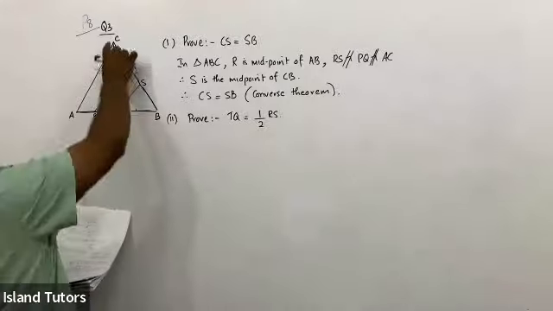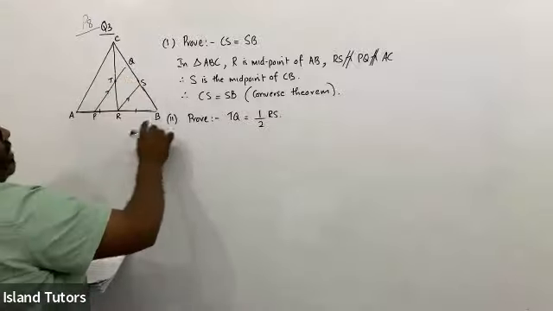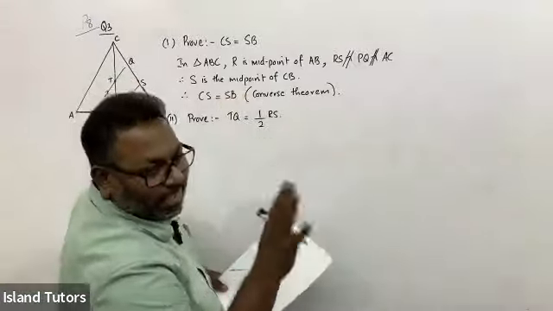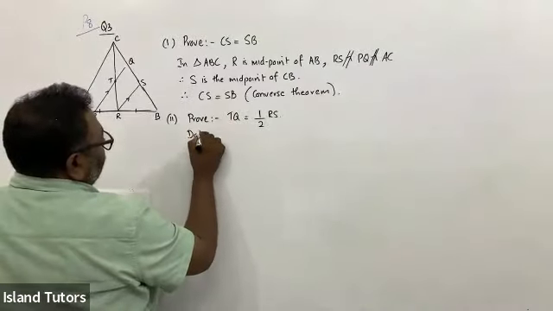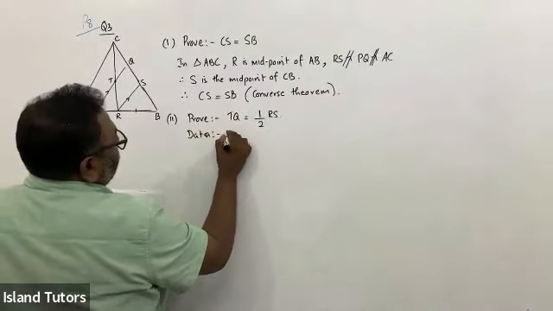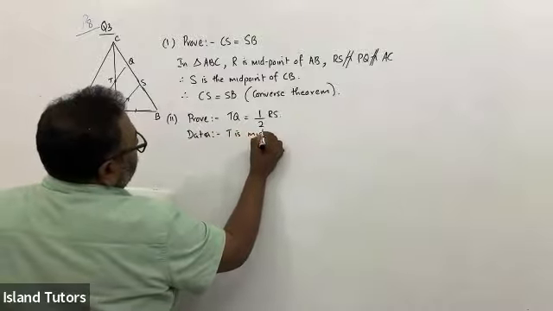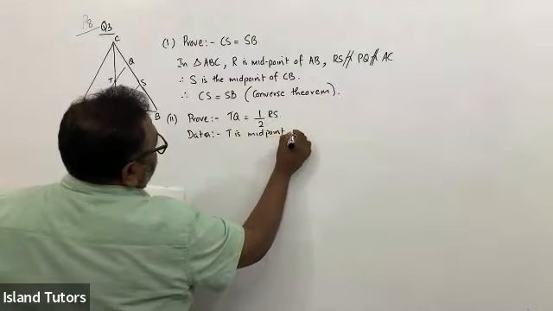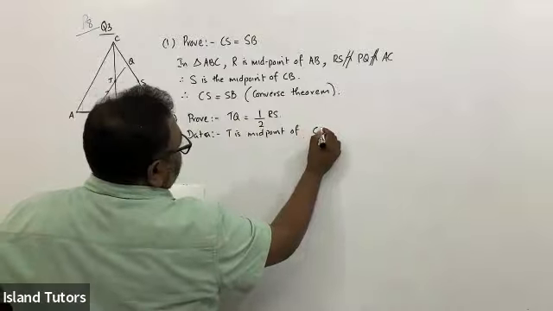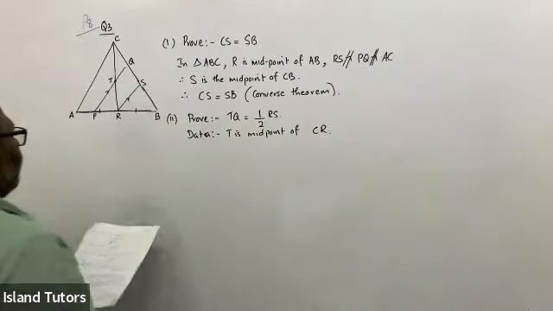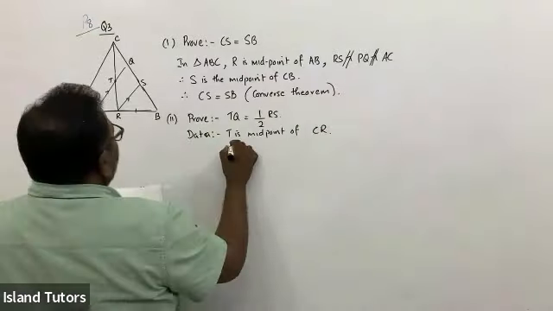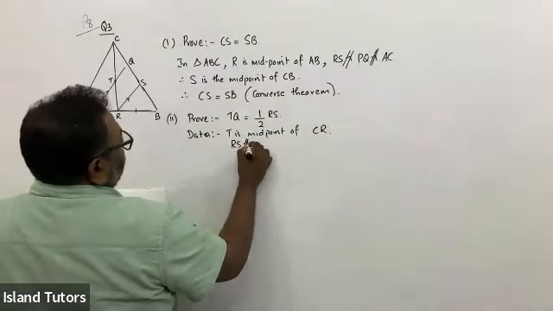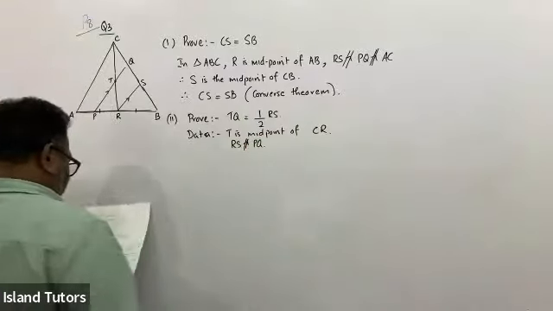PQ. P we know is midpoint of CB, that is given as data. We know that, right? So we can say data, P is midpoint of CR. And we also know RS is parallel to PQ.